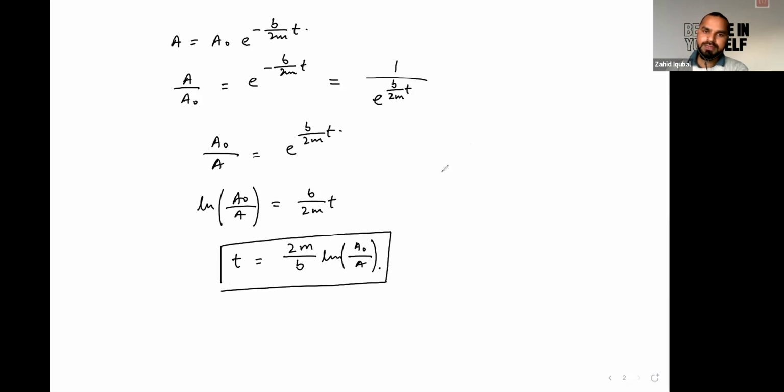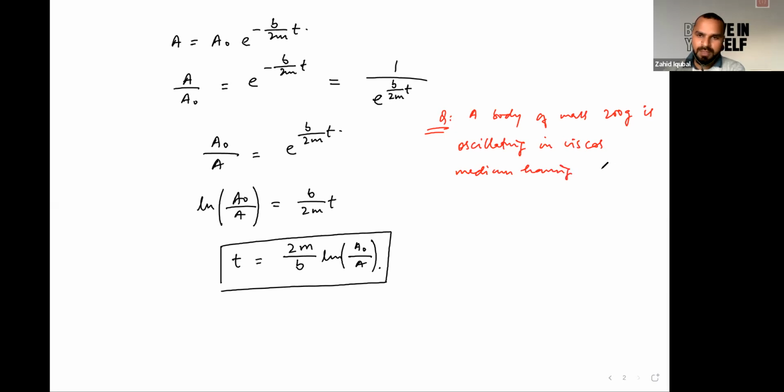Let me define you a question related to this part. A body of mass 200 gram is oscillating in a viscous medium having damping constant 40 gram per second.